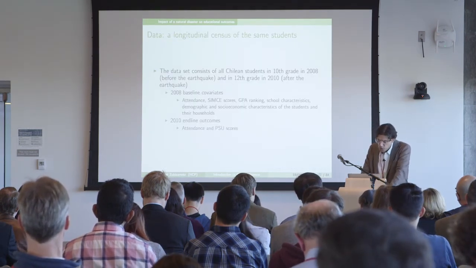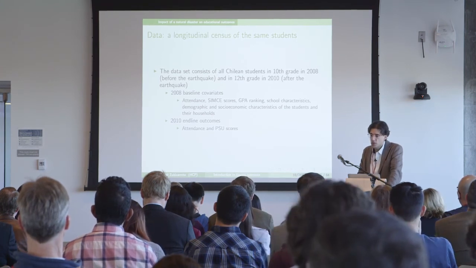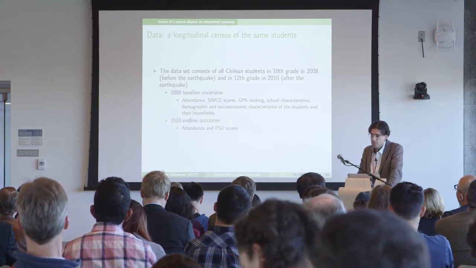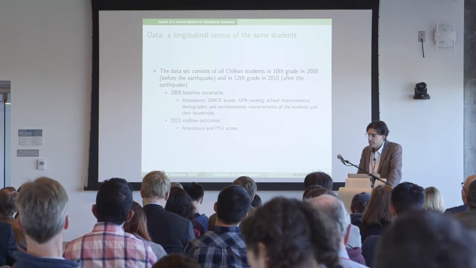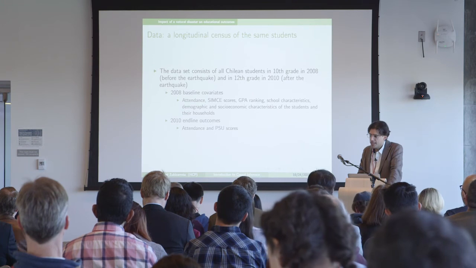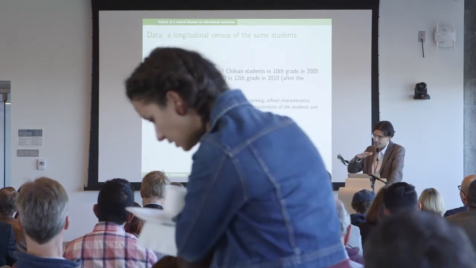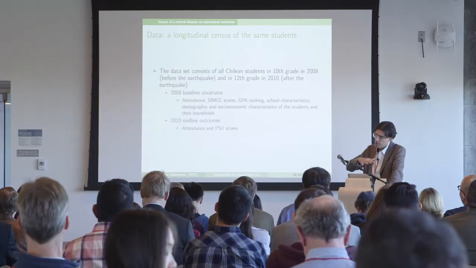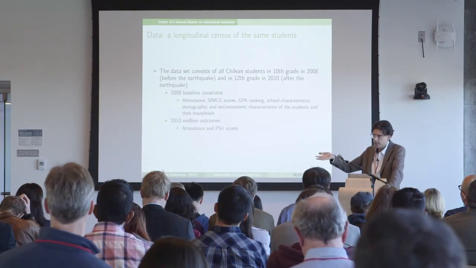And what we're going to do for this is use an administrative census of the same students measured before and after the earthquake. When I say it's an administrative census, I mean that we have all the test scores of the students in a test before the earthquake, and then I also have it after the earthquake to get into college.